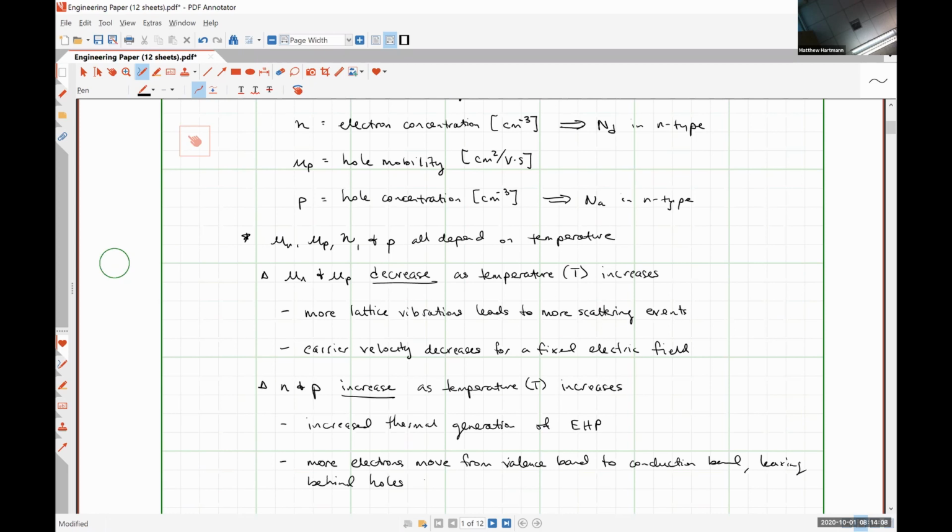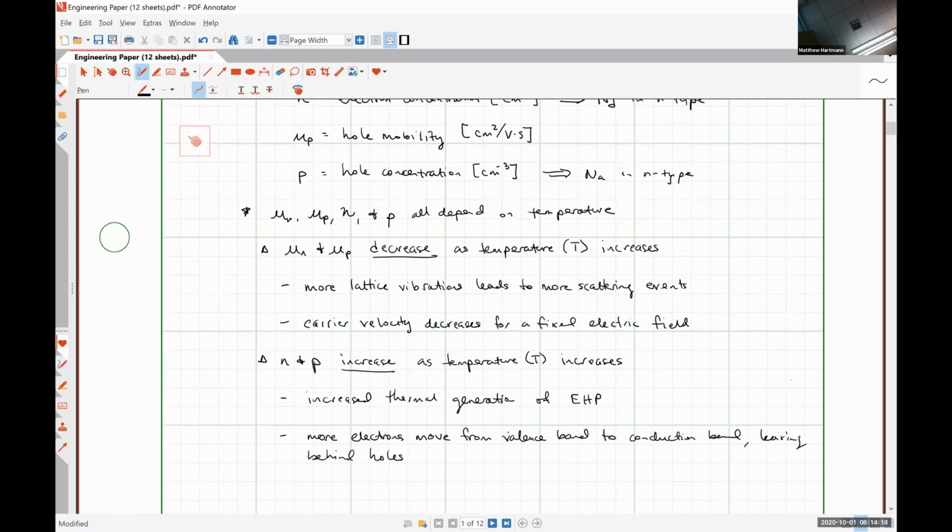So the increase in thermal energy causes more electrons to jump out of the valence band, leaving behind holes, which is what the thermal generation of electron hole pair mechanism actually is. These are just two ways of stating the same thing. So from this, we have two conflicting things happening, right?